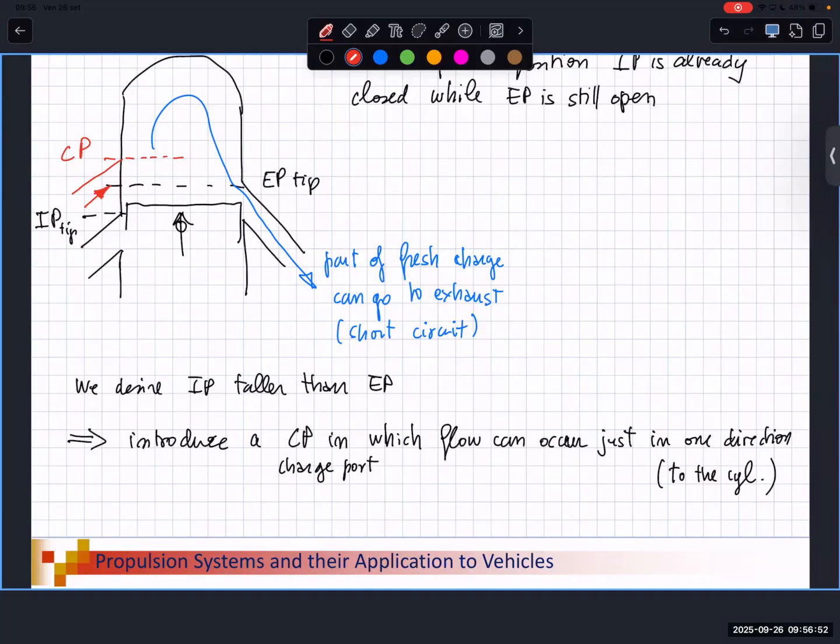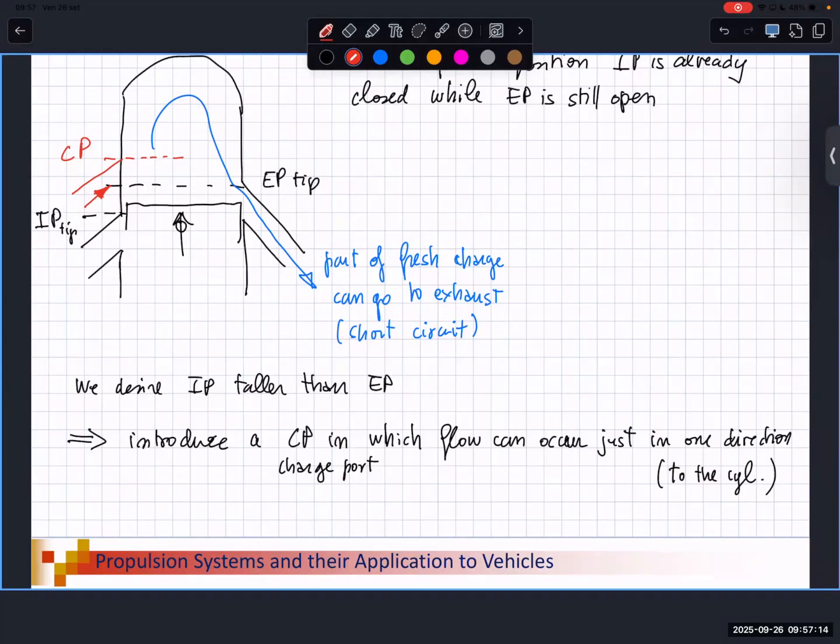Generally, we have simple ports that are bidirectional. But for the charge port, you have some device that maybe can rotate, and when the piston is going down, you have no passage through that port.